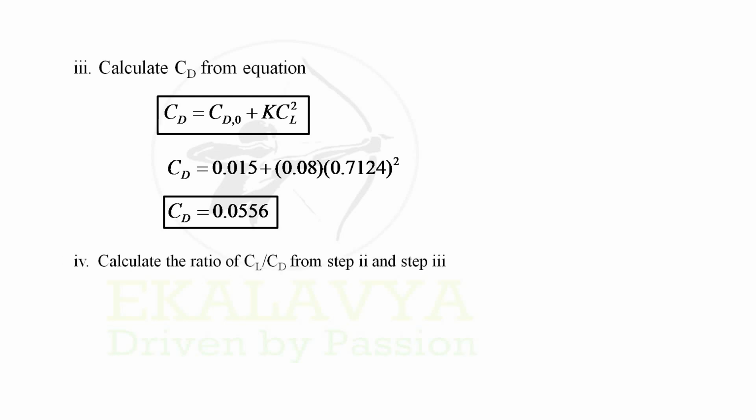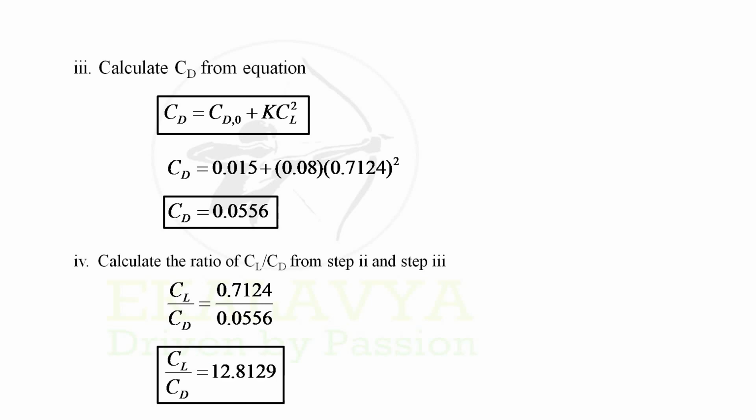The fourth step will be to calculate the ratio of CL by CD using the values of CL and CD from step 2 and step 3. So using CL as 0.7124 and CD as 0.0556 and calculating, we get CL by CD ratio as 12.8129.